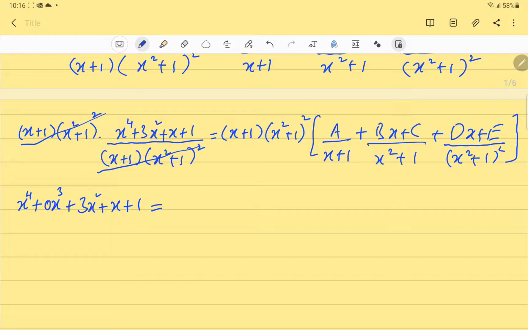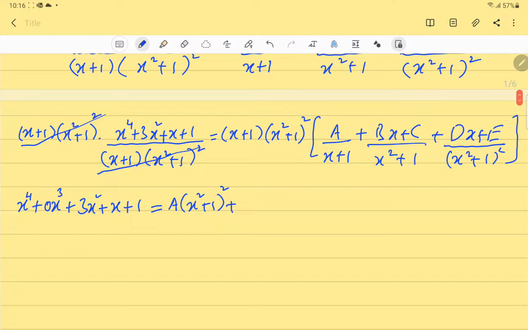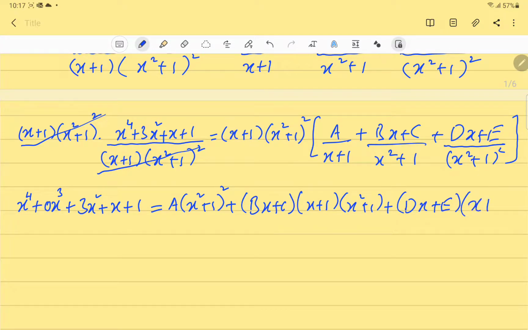Now we will multiply x plus 1 into x squared plus 1 whole square with all the three terms inside the bracket. So we will be writing a into x squared plus 1 whole squared plus bx plus c into x plus 1 x squared plus 1, and the third one is dx plus e into x plus 1.